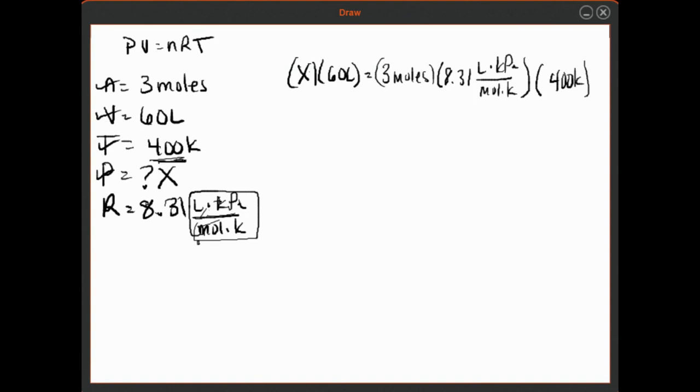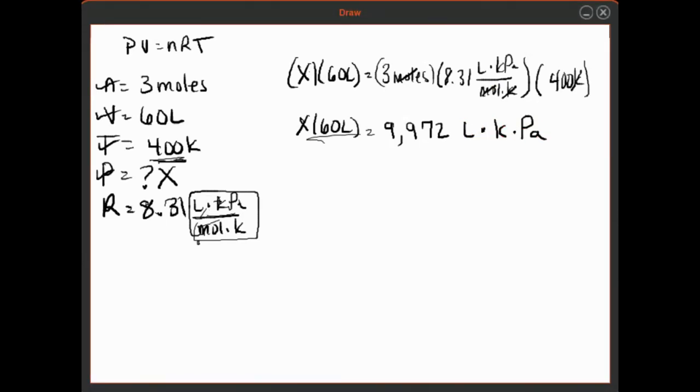So we have 3 moles times 8.31 times 400 Kelvin, and we get 9,972. So that's X times 60 liters equals 9,972. And let's take a look at what our unit would be. Kelvins are going to cancel, moles are going to cancel. That leaves us in units of liters times kPa.